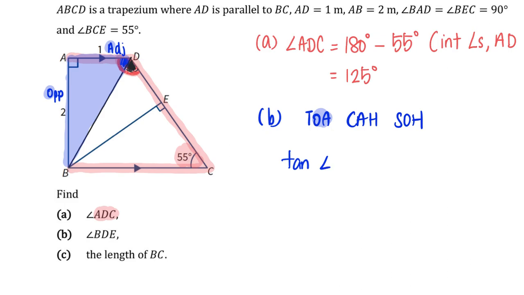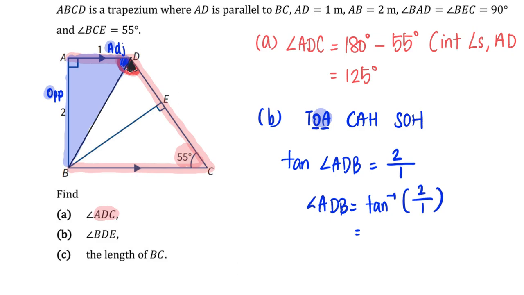So tangent of angle ADB is equal to opposite 2 divided by adjacent 1. Therefore angle ADB is tangent inverse of 2 divided by 1, which gives 63.435 to 5 significant figures.